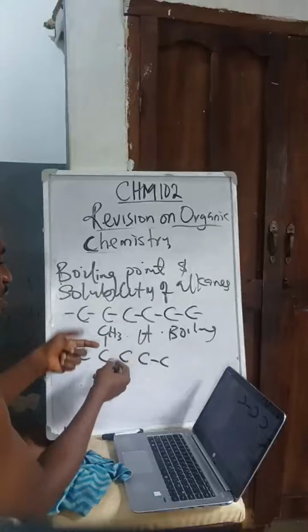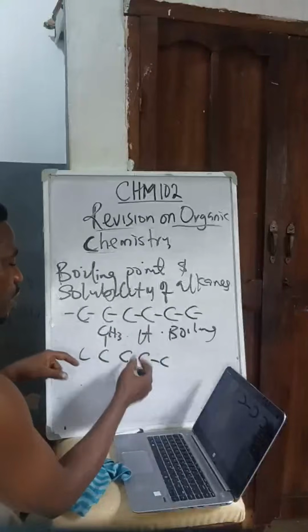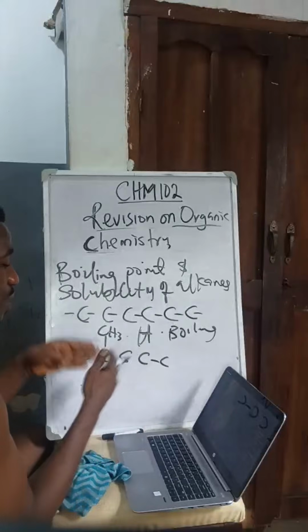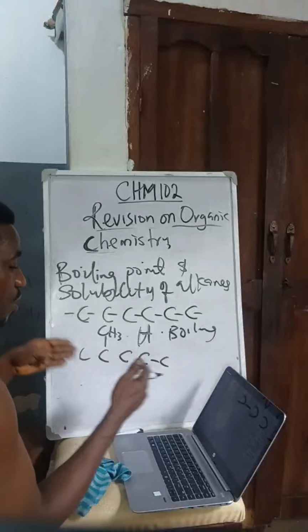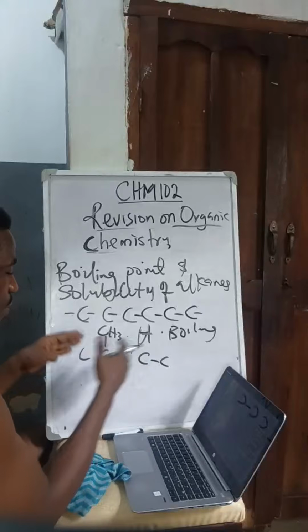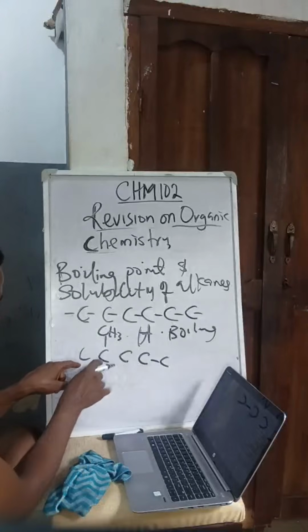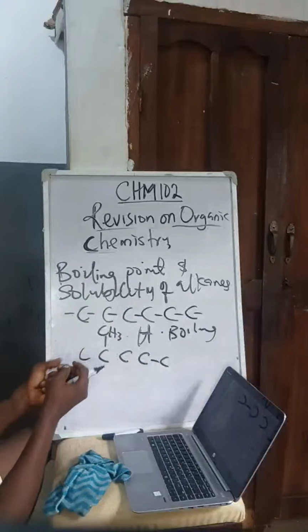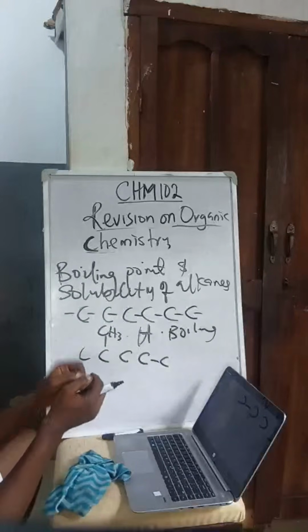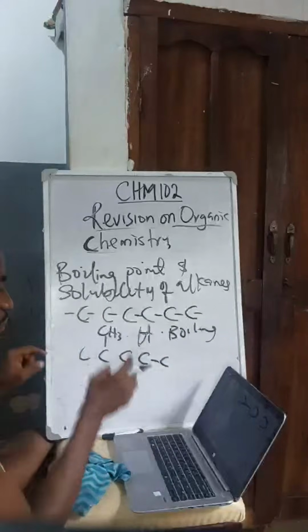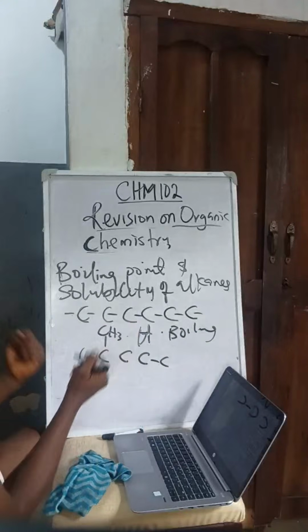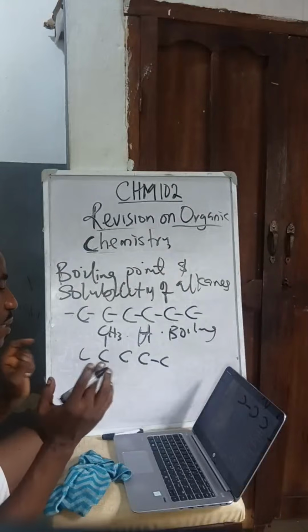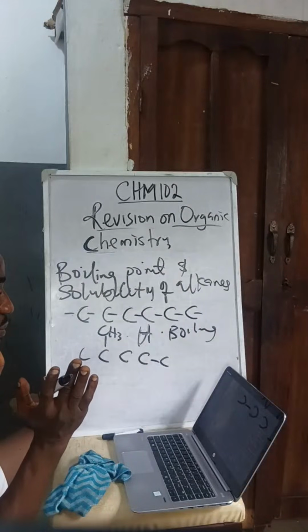Another way of reducing the boiling point is by branching. As you increase the branching, the boiling point will be reducing. So this boiling point is lower than that one, though they have the same molecular formula but different boiling points. This one is straight chain, with a higher boiling point. This one is branched chain. So the lowest boiling point of pentane is 2,2-dimethylpropane.